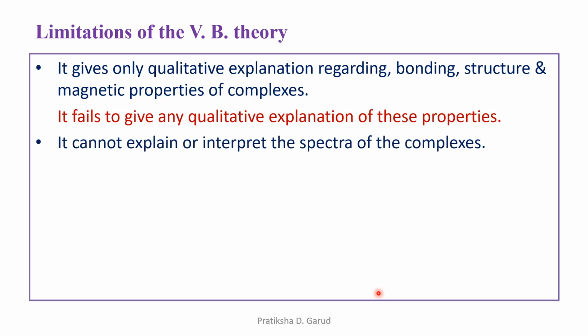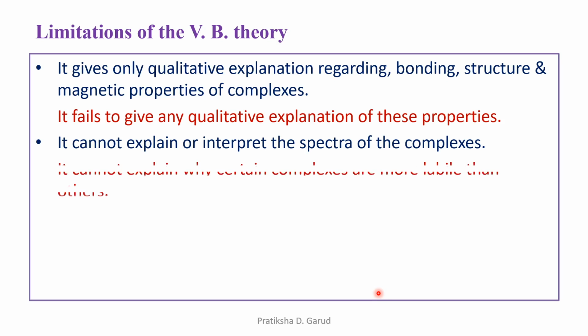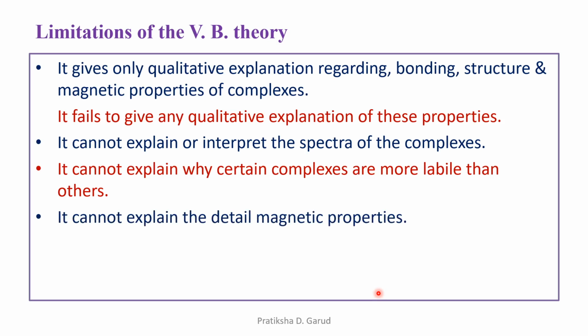Then it cannot explain or interpret the spectra of complexes. The third limitation, it cannot explain why certain complexes are more labile than others. The next one is it cannot explain the detailed magnetic properties of the complexes.